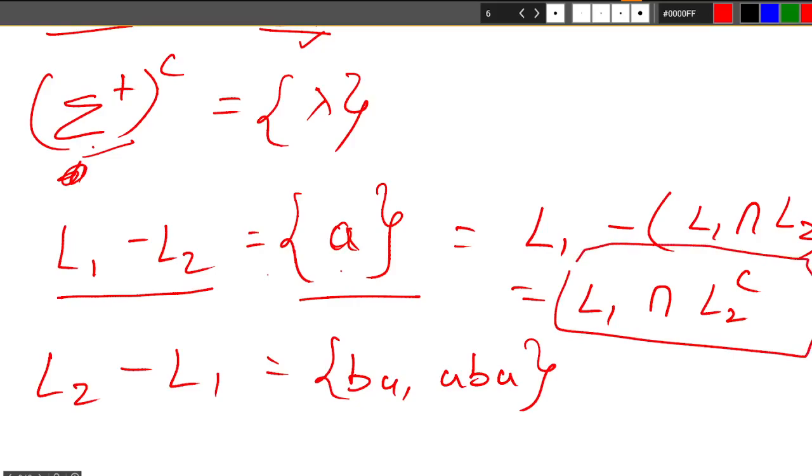The complement of L2 will have all the possible other strings, and if you take the common part with L1, you will get A only. So, this is also a possible way to understand it.